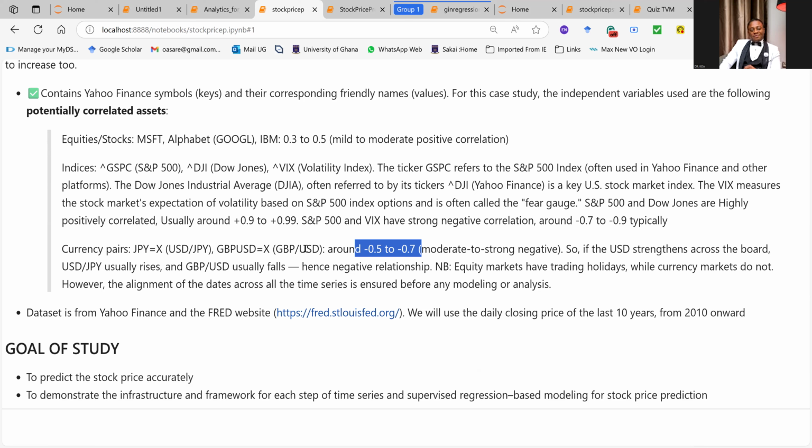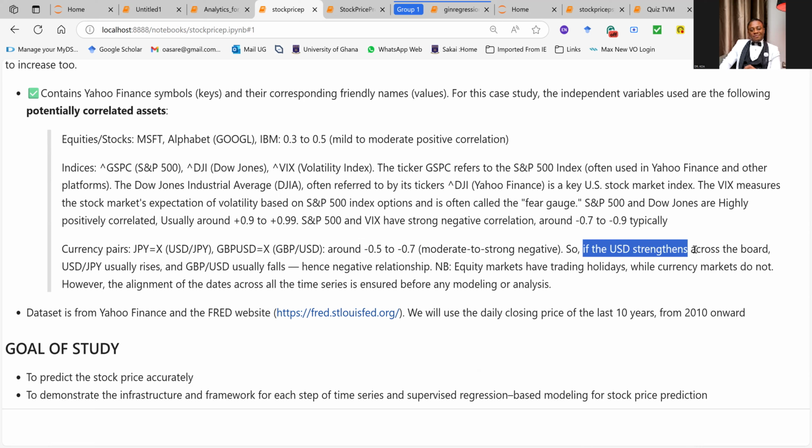Which means that if the US dollar should go up, that of the British pound and the US dollar would also go down, in proportion to how they are associated, by 50 to 70% in negative terms. So the correlation is moderate to strong negative.